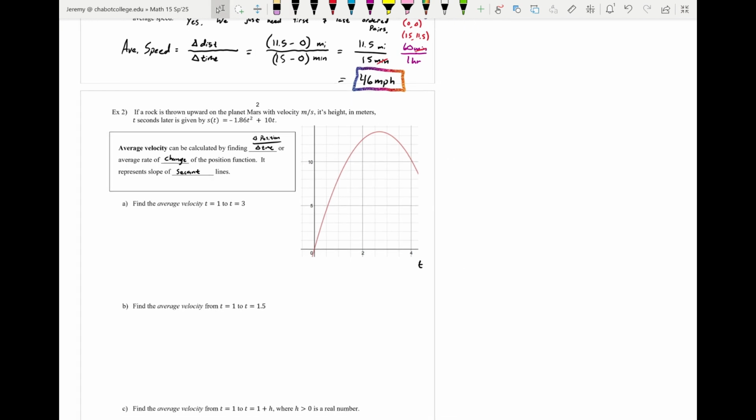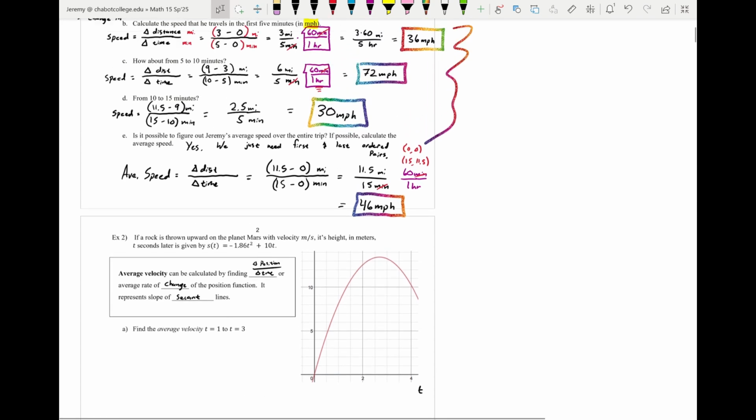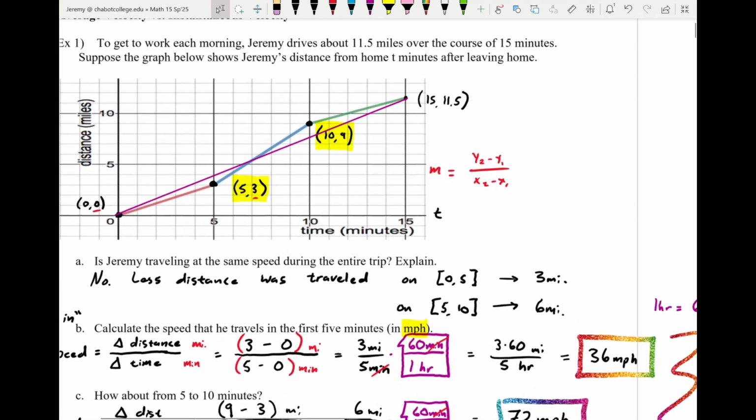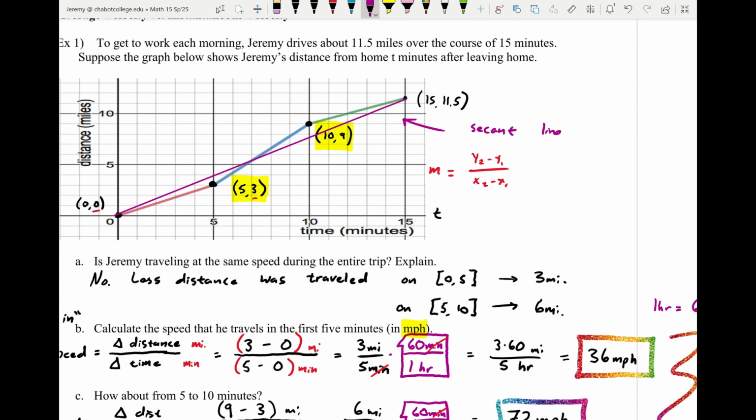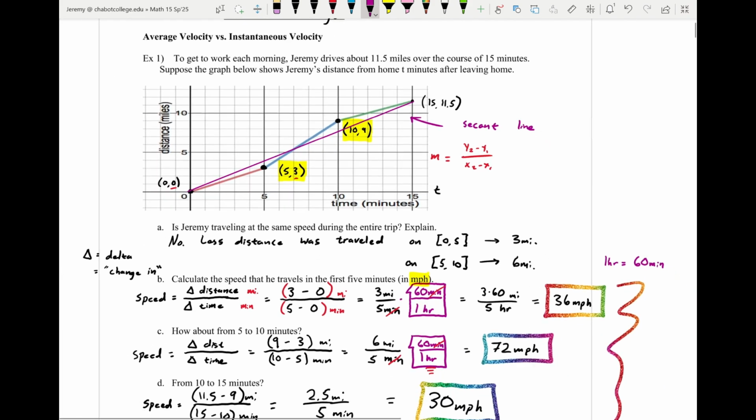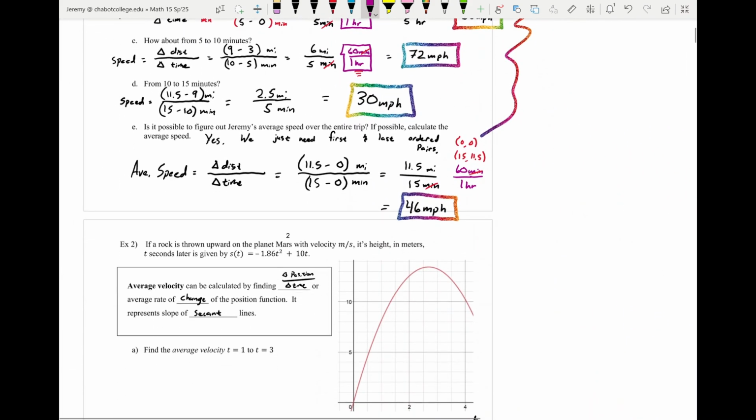A secant line is just when you draw a straight line through any two distinct points on a graph. So this purple line that we drew in the last example is an example of a secant line. Secant lines will allow us to find average rates of change.